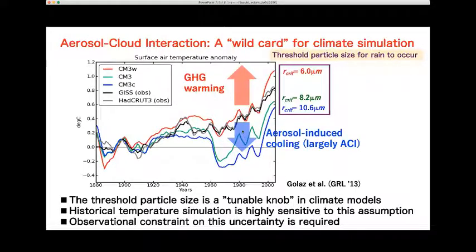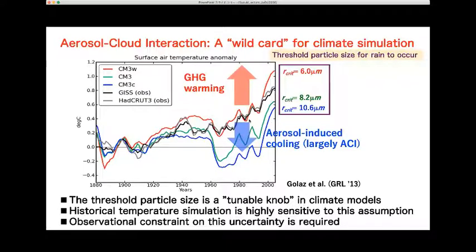that is highly sensitive to the model assumption of cloud. That means how the cloud particle is assumed in the model largely affects the magnitude of the cooling impact, and that leads to very different scenarios of global mean temperature trend.